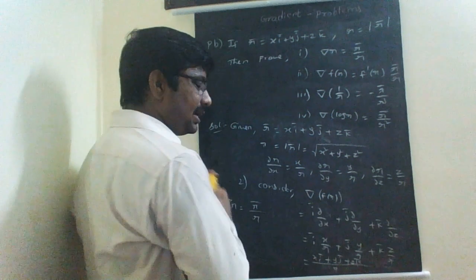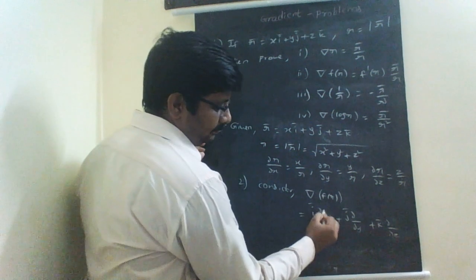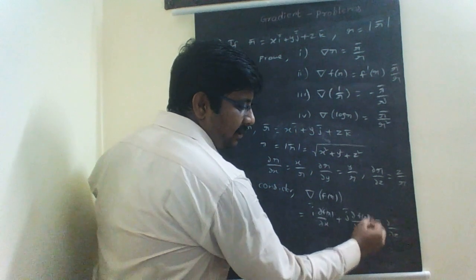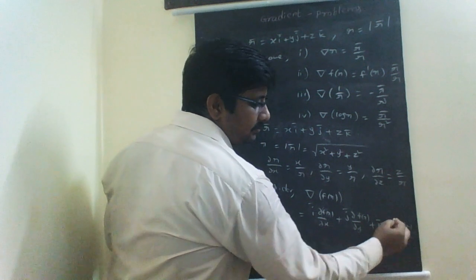So the formula is i into ∂/∂x of f(r) plus j bar into ∂/∂y of f(r) plus k bar into ∂/∂z of f(r).